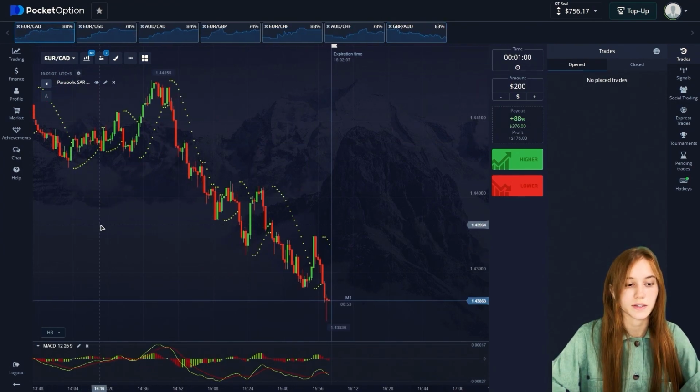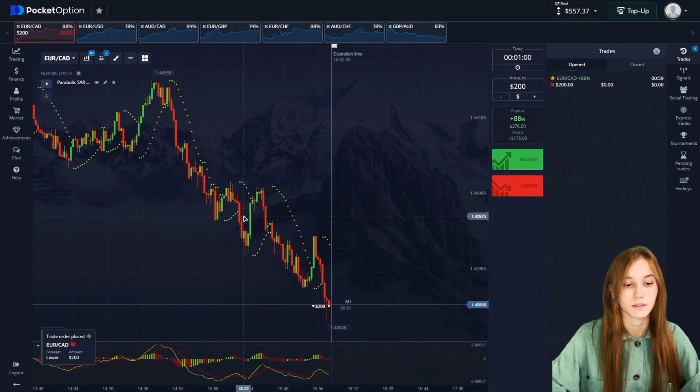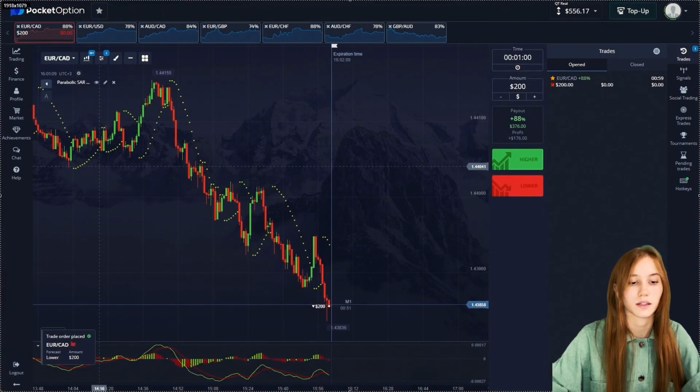So we are on the next concept. Let's open down deal and start our technical analysis. We see decreasing, it's stable on our chart. Then we see by parabolic, we see points at the up position. It's stable.